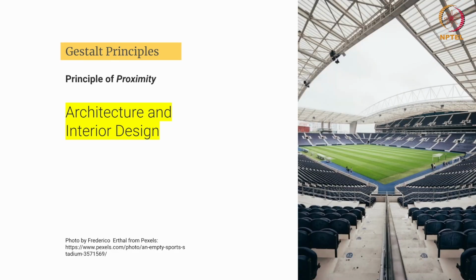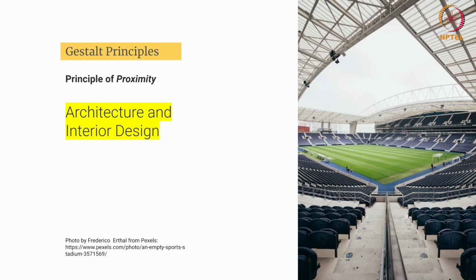Yeah, so this is again a stadium picture, how within the stadium, seat arrangements and seat allotments are considered, and based on that, you are given a ticket. So again, that's the idea of proximity, how the overall crowd is divided based on the seating arrangement, and how within the seating arrangement there's a space for people to pass through, and because of that, the idea of grouping automatically happens.